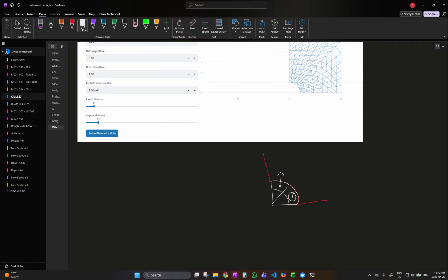And so I will have these very sharp increases when I'm going from here to here, because this is part of the material and this is part of the hole. So there's going to be a huge spike in stress, and that's not ideal. What we really want is a very smooth transition from the hole, and the better we approximate this boundary, the better our solution is going to be.